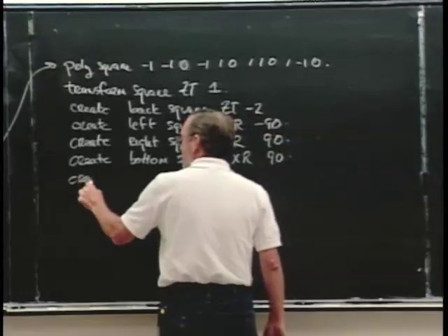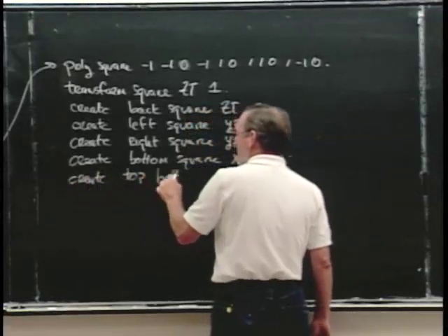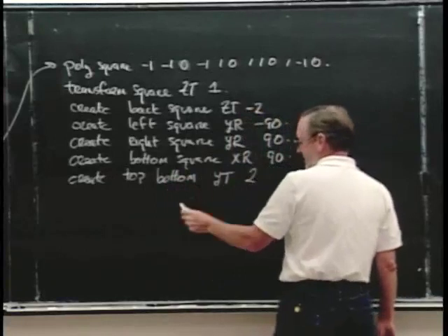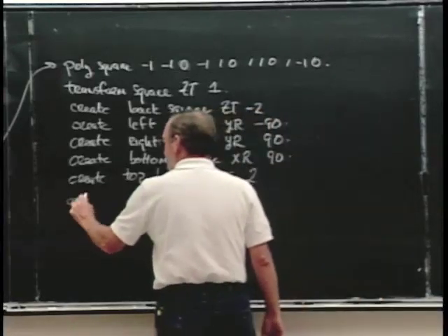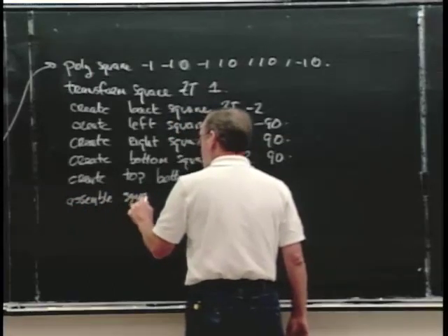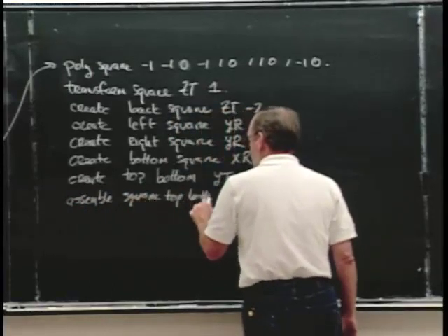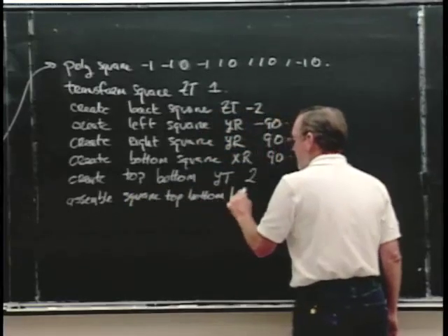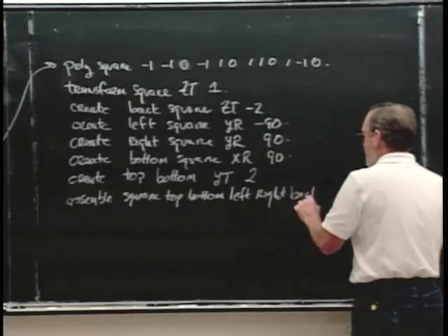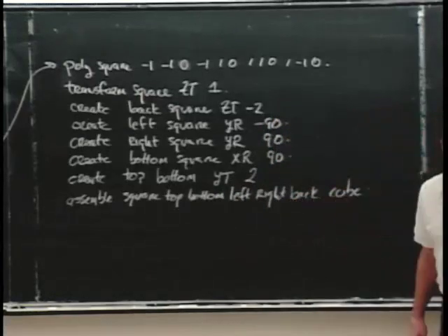Create top, well, this has some fun, from bottom, Y translate 2, and let's say assemble square, top, bottom, left, right, back, into something called cube. Okay?